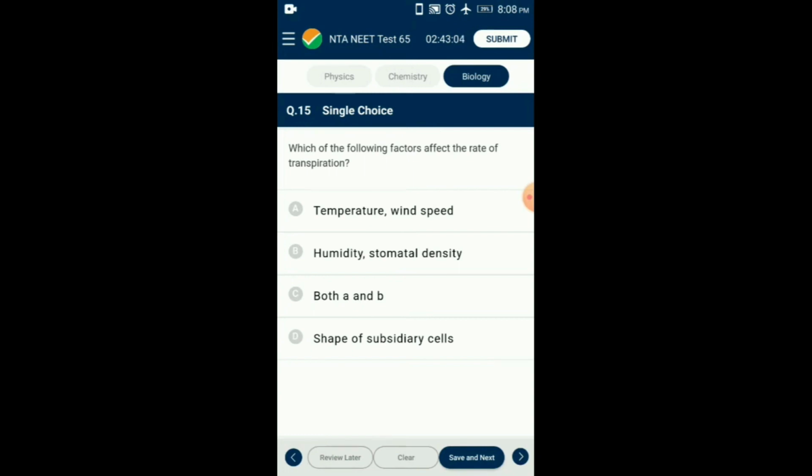Increase in humidity increases the opening of stomata, but decreases diffusion of water vapors out of stomata. Increase in wind speed increases transpiration, but very high wind velocity causes closure of stomata. So the answer for this question is option C, both A and B, that both the factors affect the rate of transpiration.